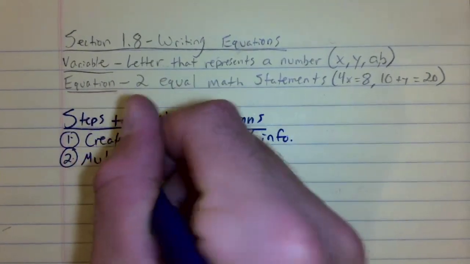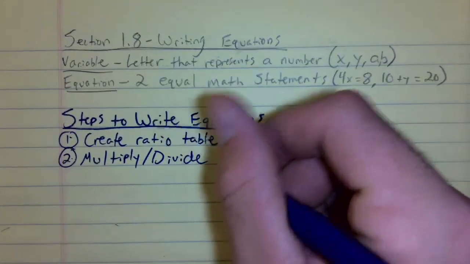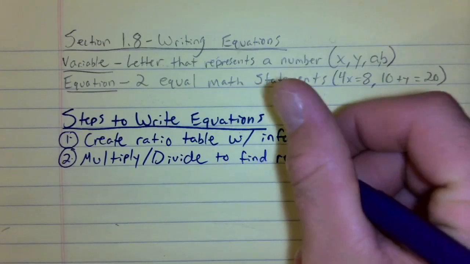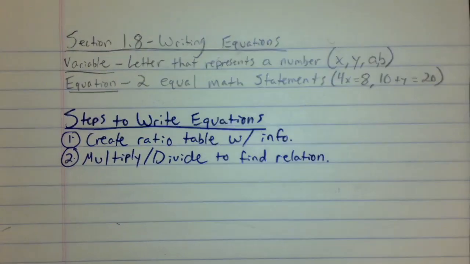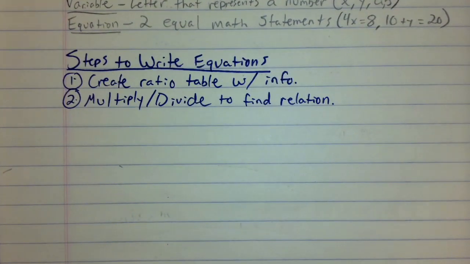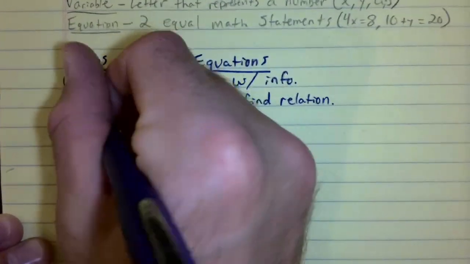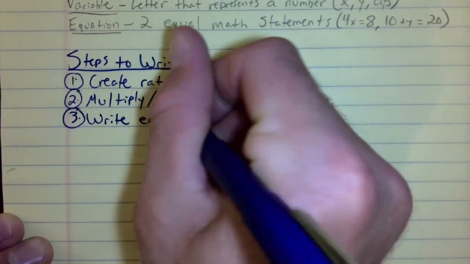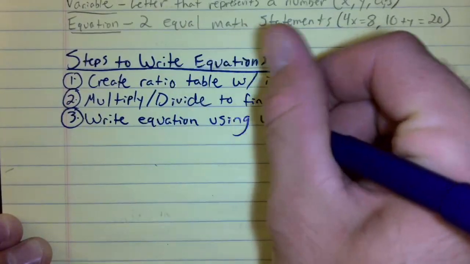Step two is multiply or divide to find relationship. And you can abbreviate relation with relationship. And then step three is to write equation using variables.